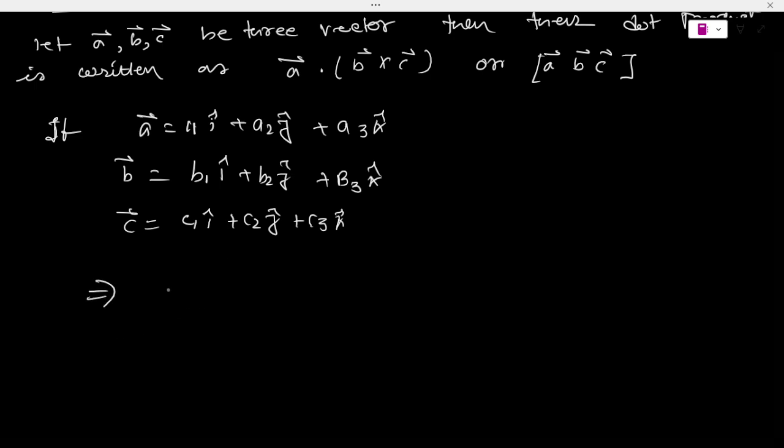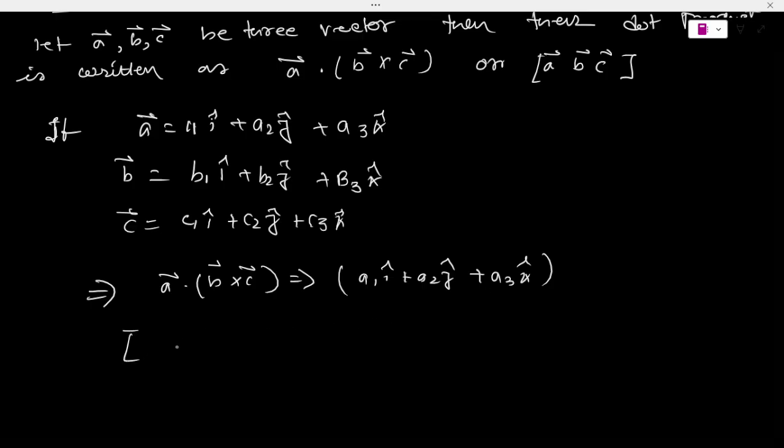After that, if I take a dot b cross c vector, what will the result be? The result will be a1 i cap plus a2 j cap plus a3 k cap, dot b1 i cap plus b2 j cap plus b3 k cap, cross c1 i cap plus c2 j cap plus c3 k cap.